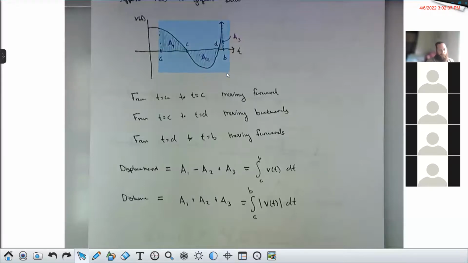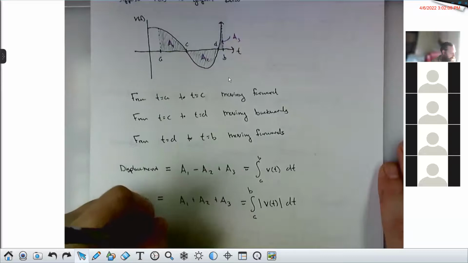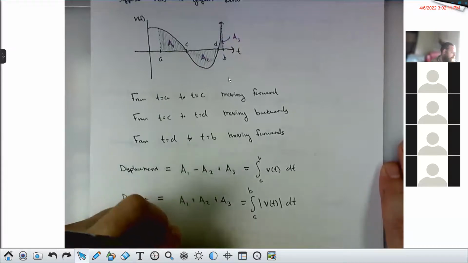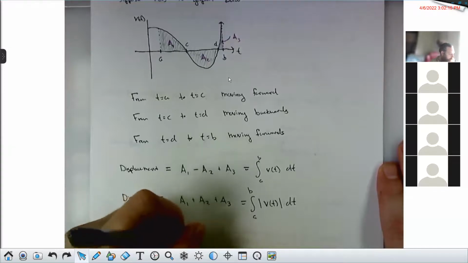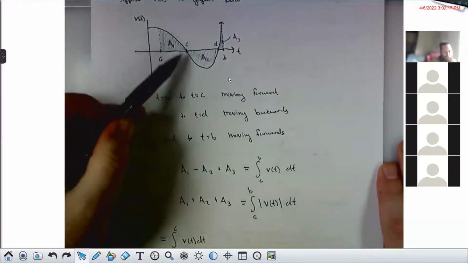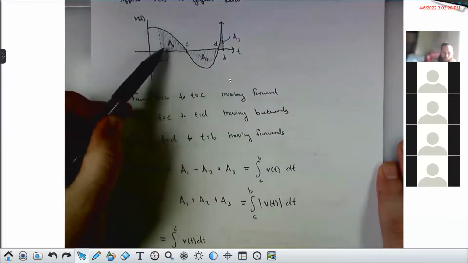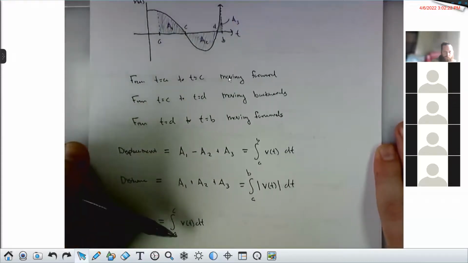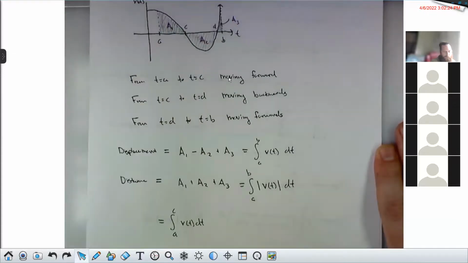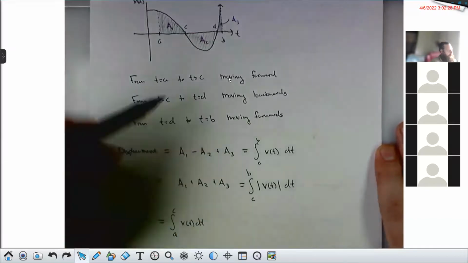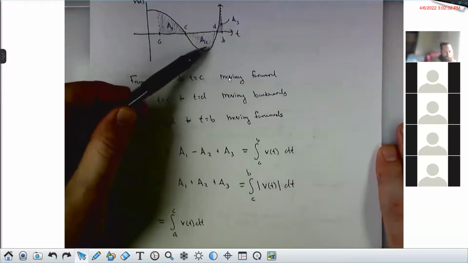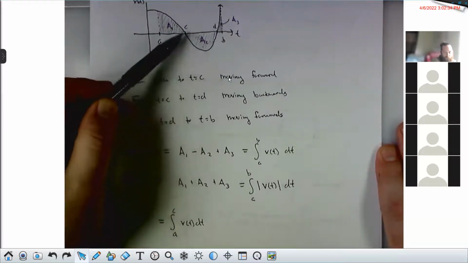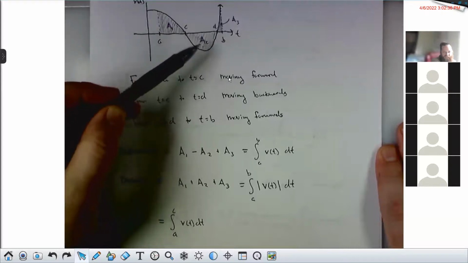In this case, we would split it up as the positive integral from A to C of v of t dt. This piece is already positive, so I don't need to do anything with it. I just integrate v of t from A to C, and that will give me A1. The area A2 here is beneath the horizontal axis, so if I just integrated v of t from C to D, that would give me negative A2.